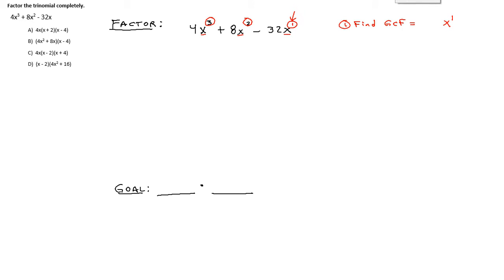Now I want to look at the numbers. Inside of this 4, there's 2 times 2. Inside of this 8, there's 2 times 4. In other words, I'm performing essentially a prime factorization, but for the purposes of explaining GCF, I'm going to go all the way down to prime numbers, and not quite a proper prime factorization with exponents showing.